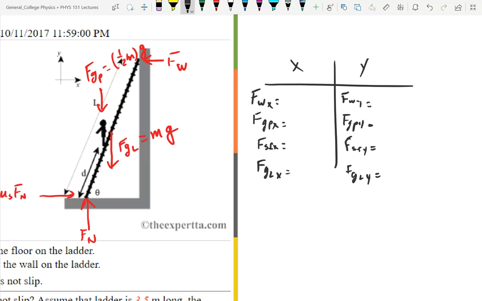Because force normal is in the y direction, I'm going to do my y's first. I will have the force of the wall in the y direction. Well, the force of the wall is horizontal, so it's 0, right. Force of gravity in the y direction from the person, it's down, so what does that make it?